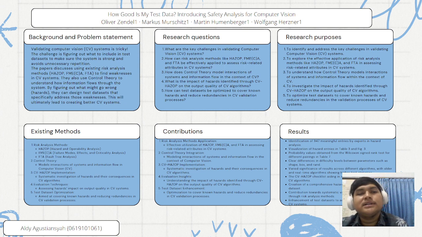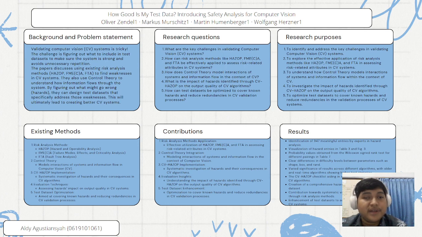So the background and problem statement from this paper is that validating computer vision (CV) systems is tricky. The challenge is figuring out what to include in test datasets to make sure the system is strong and avoids unnecessary repetition.